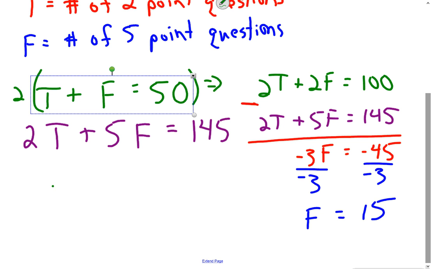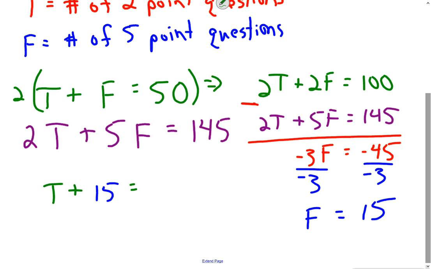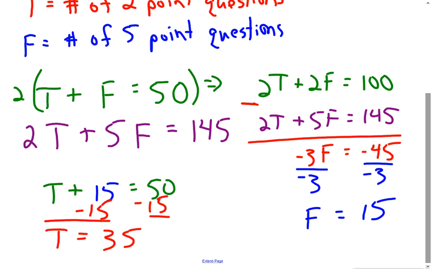It tells me I'm going to have t plus the f value, which is 15, and that's going to equal 50. I solve my equation by subtracting 15 from both sides, and I just figured out that t equals 35.